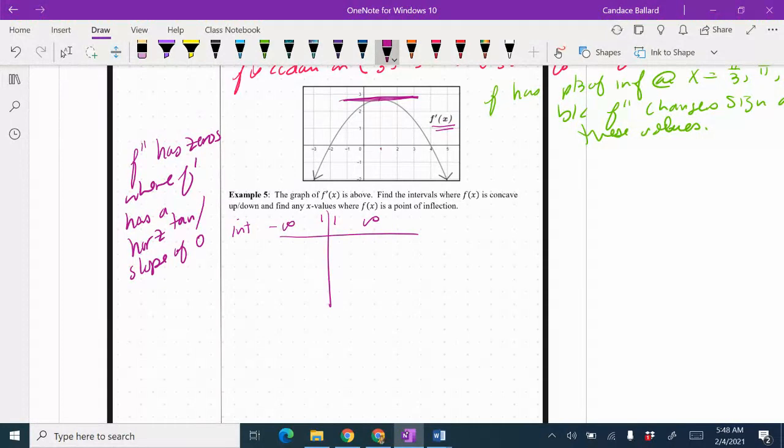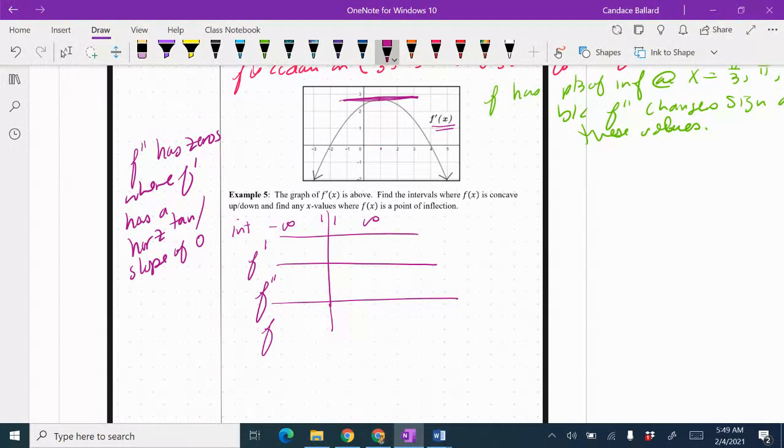I don't need the x values because I've got a graph this time. I'm going to look at what's going on with the first derivative, and then what that means for the second derivative, and then look at what's going on with the original, okay?